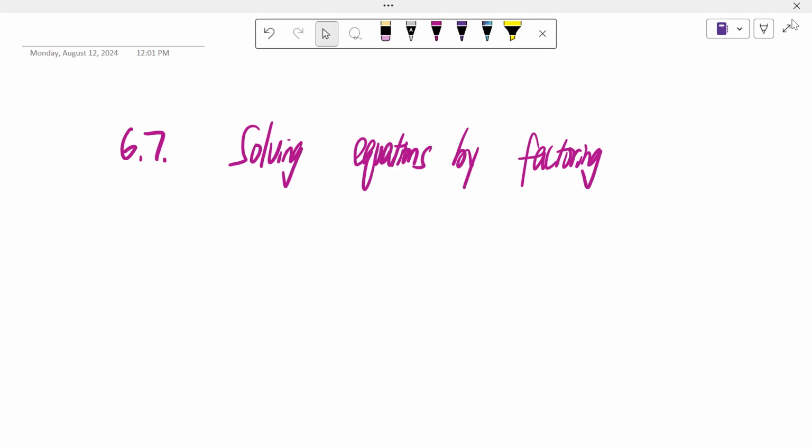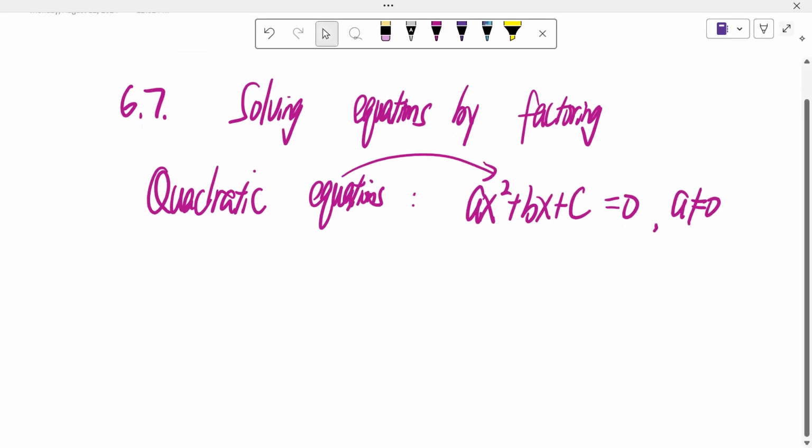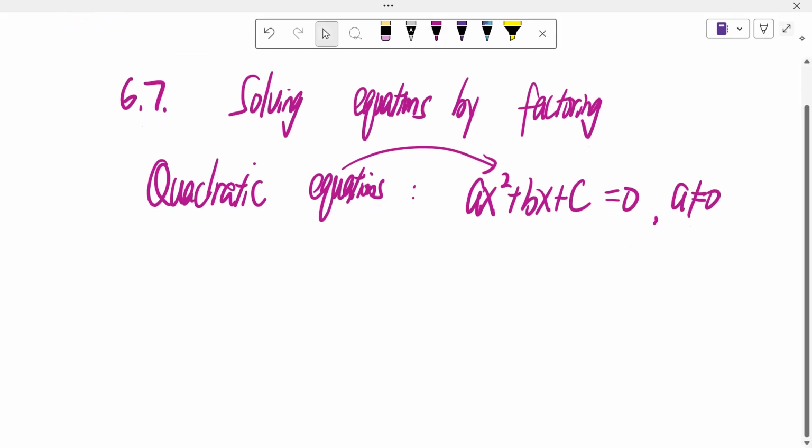We call this a quadratic equation, something like ax squared plus bx equals 0, and here a is not 0. This is called a quadratic equation. It's a very famous term, right? And this is the standard form of the quadratic equation.